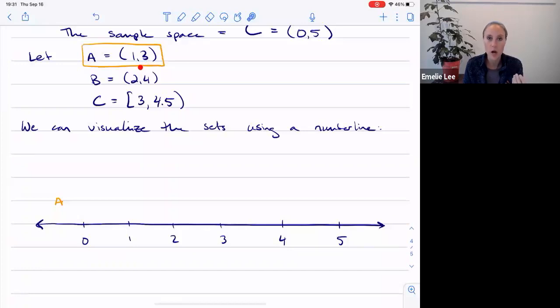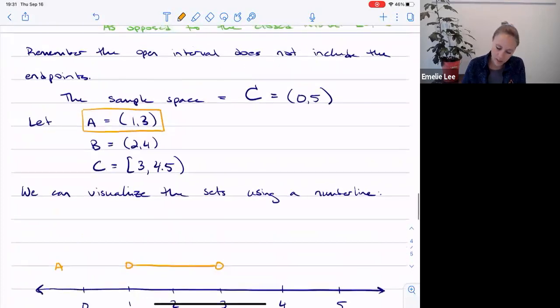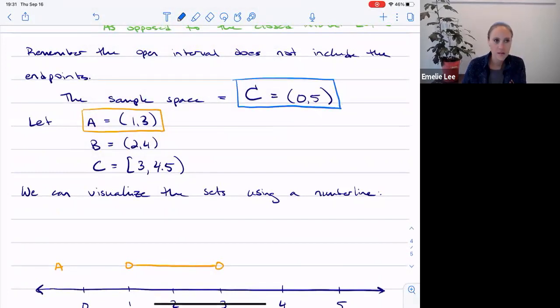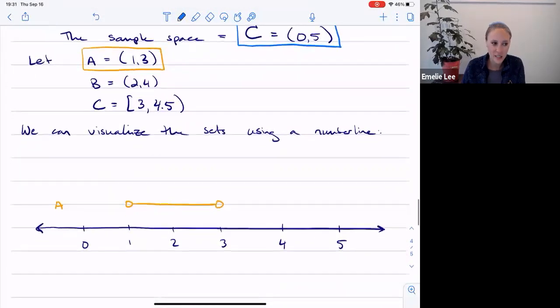How we draw it to show that these are open intervals is we draw open circles from 1 to 3, and then I connect those with the line. I guess what I should do is start off by showing the sample space. I feel like I kind of did, but let's just illustrate it with an open circle, open circle.